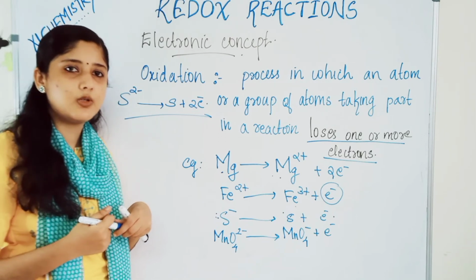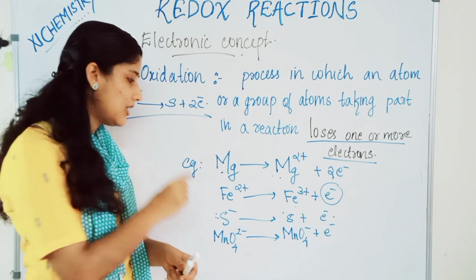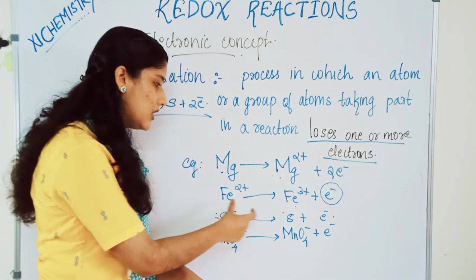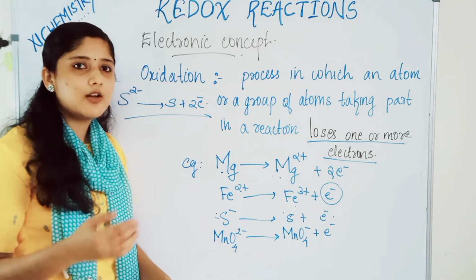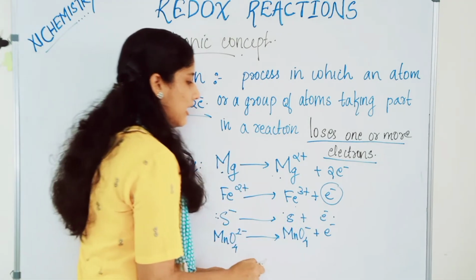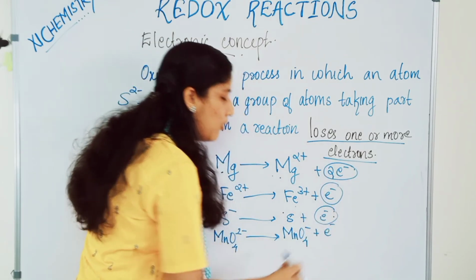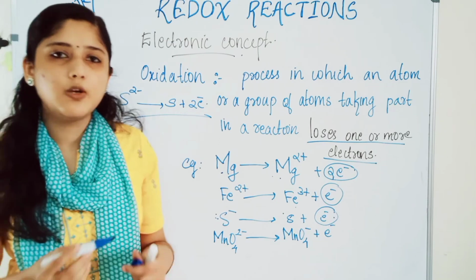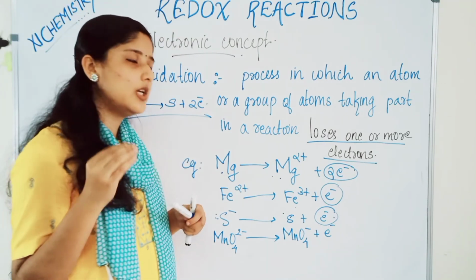Similarly, S- is an anion. We have studied what an anion is. That means 1 extra electron is added to a sulfur atom. When it changes to sulfur plus e-, 1 electron is lost, so it is also an oxidation process. That means removal of 1 or more electrons from an atom is an oxidation process.